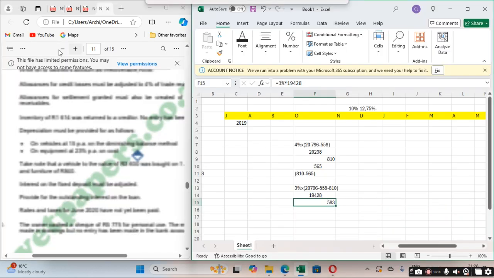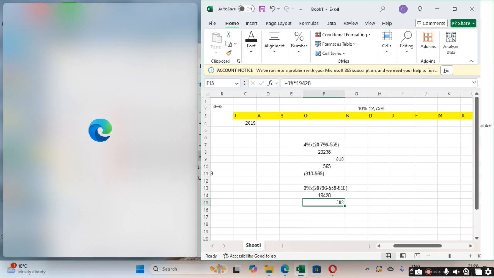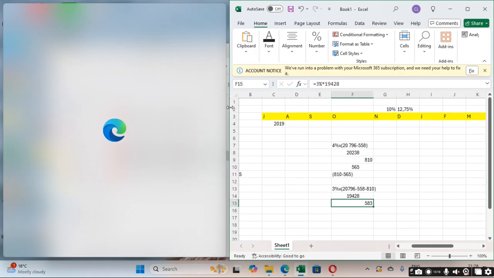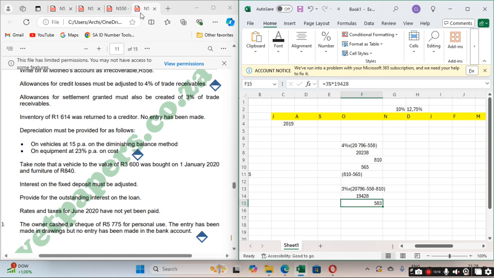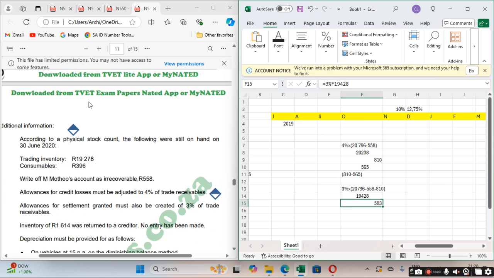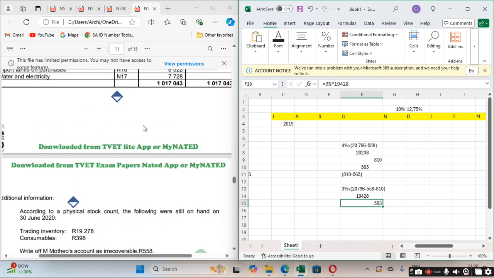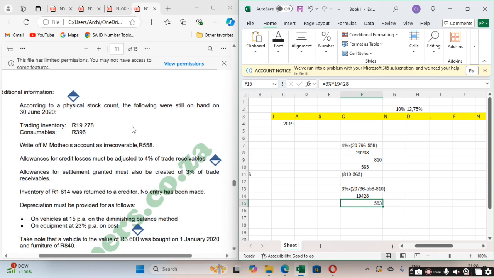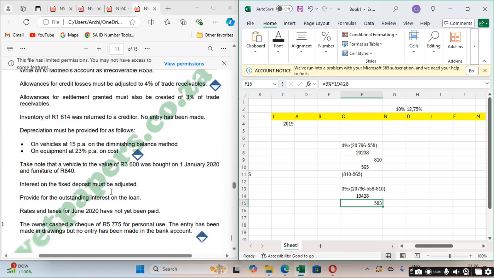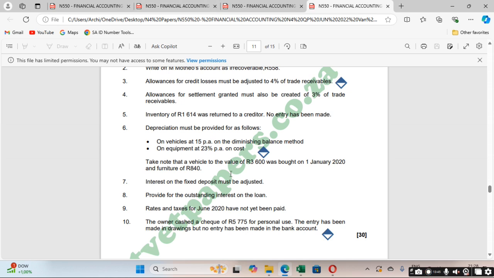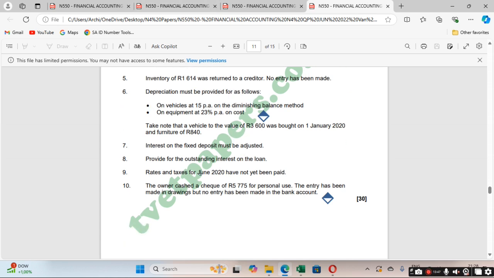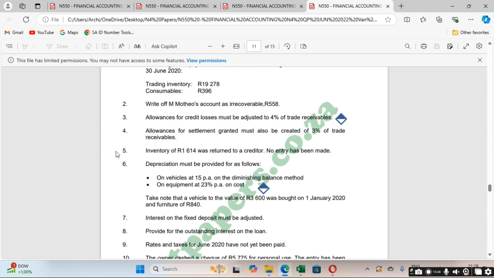Okay, so moving on, let's say take note. Now we are coming to our inventory, number 5.